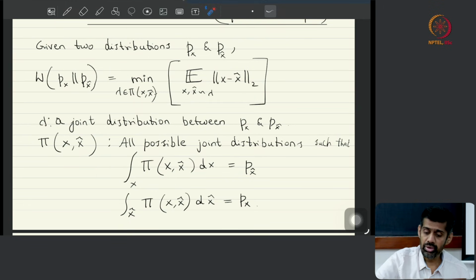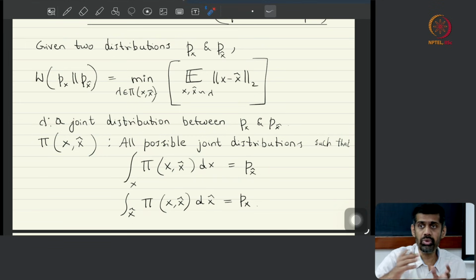What is the optimization problem that we are considering? Define a sample-level distance metric between the samples drawn from Px and Px cap: x minus x cap, the 2 norm, the distance between those two vectors. In general you can consider the P norm, but let us say that we look at the 2 norm. Take an expectation over all possible joint distributions between x and x cap.